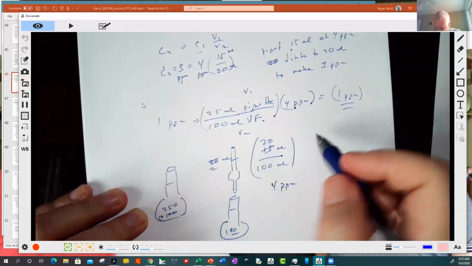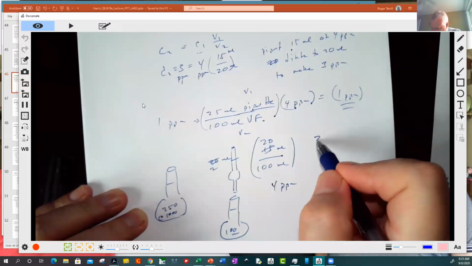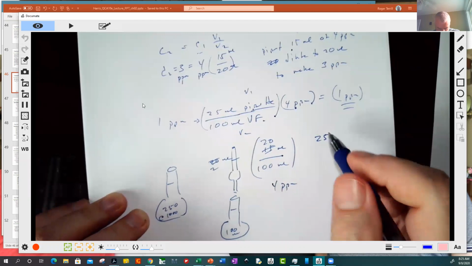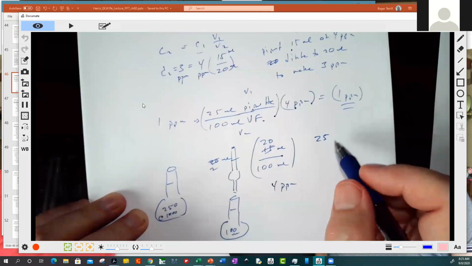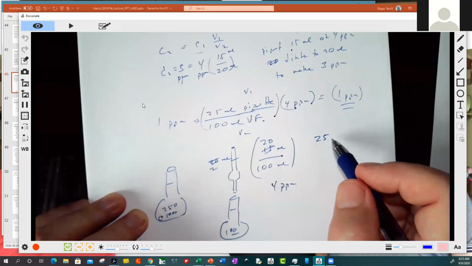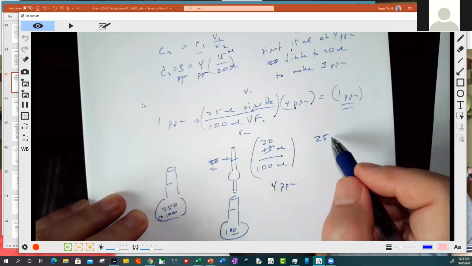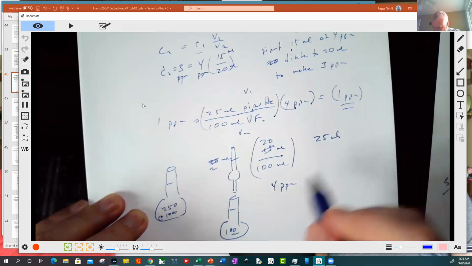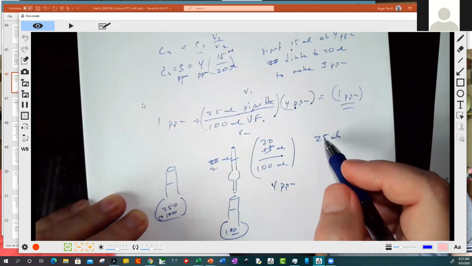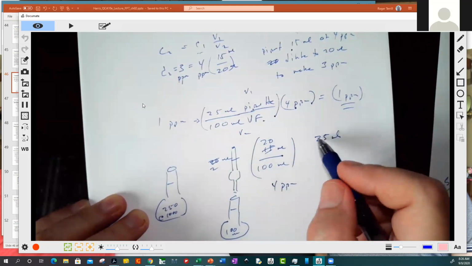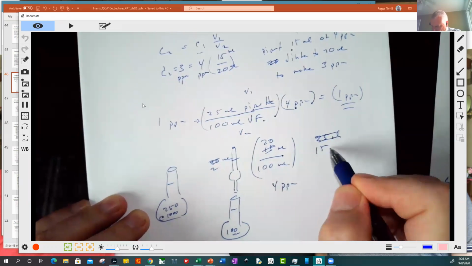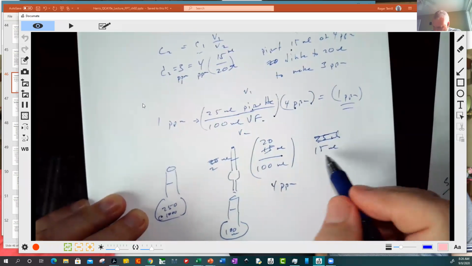And then we're going to take 15 mLs and dilute this to 20.